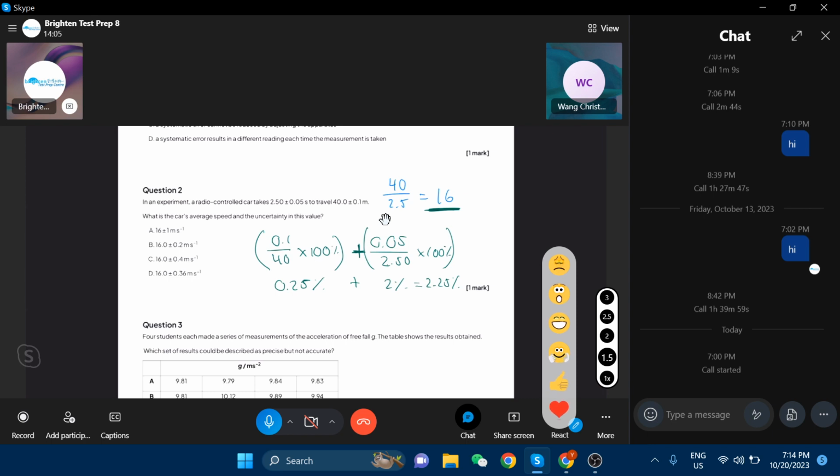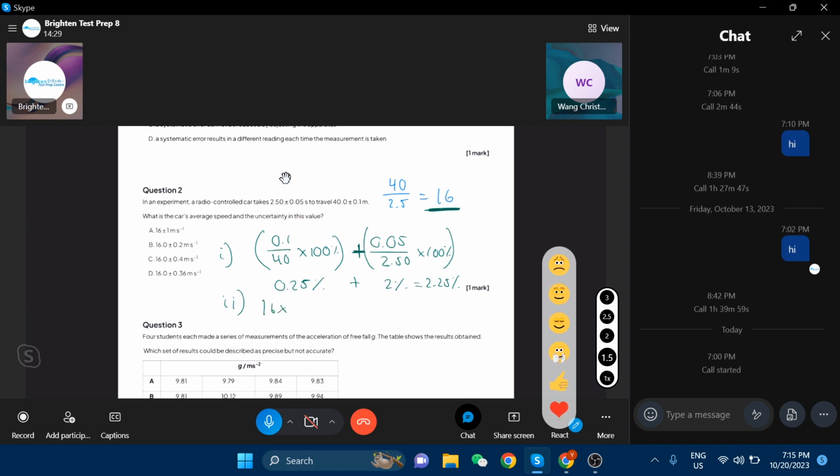And now, the next step. That's step 1. Step 2 is to ask: how do I calculate the uncertainty of my average speed? What do I do with this 2.25%, Chris? Times it with 16. Yeah, exactly.